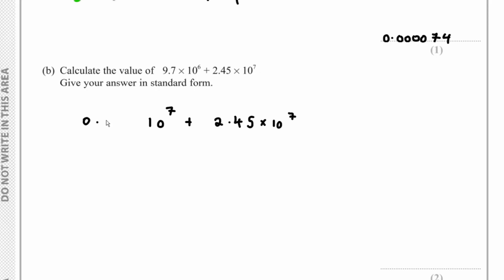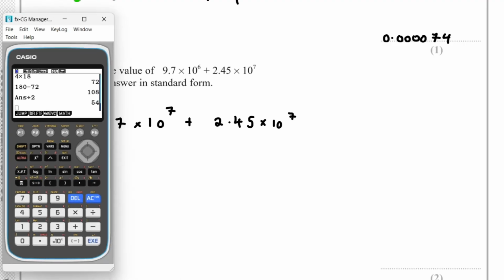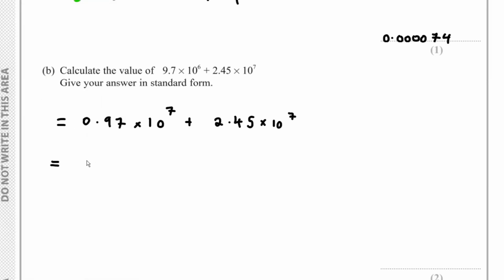So here I'm going to have 0.97 times 10 to the 7 plus 2.45 times 10 to the 7. So now if I add together 0.97 and 2.45, I get 3.42. So I get 3.42 times 10 to the 7, and it's already in standard form.